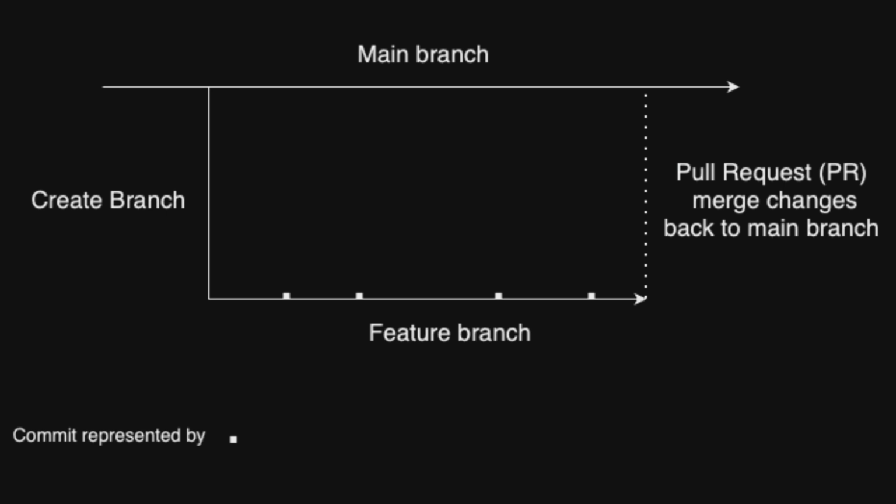After thorough review and approval, the changes are merged into the main branch, incorporating the new feature or bug fix into the project's code base. Pull requests thus play a crucial role in maintaining code quality, facilitating collaboration, and ensuring a structured approach to integrating changes into a project.